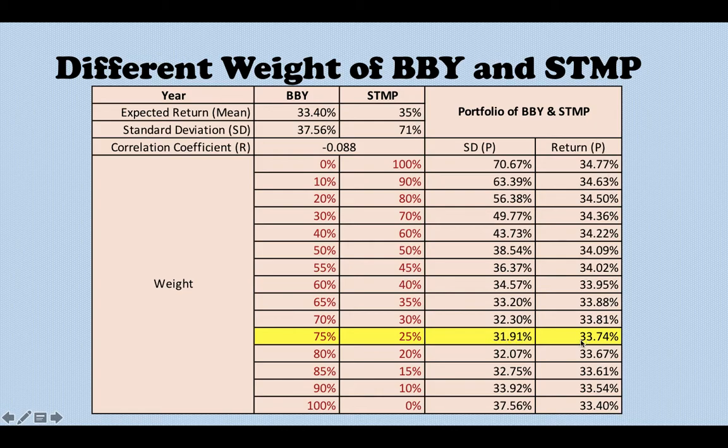How about the return? The return is 33.75%, just a little bit lower than Best Buy. This tells you that portfolio risk can be significantly reduced by holding Best Buy and Stamp proportionally, and the weight proportion matters.